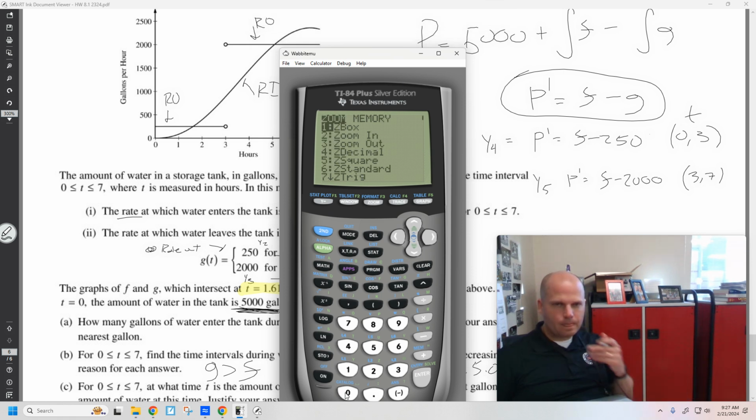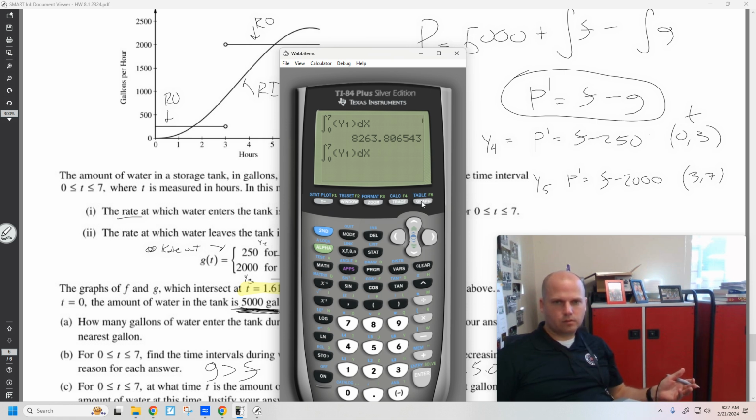Zoom fit. My derivative is negative until 1.617, and then it's positive until 3. Great. Second calc, I forgot to graph y equals 0. Oops.